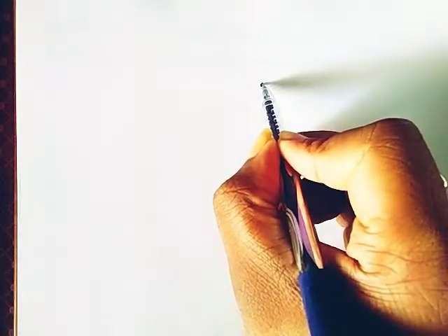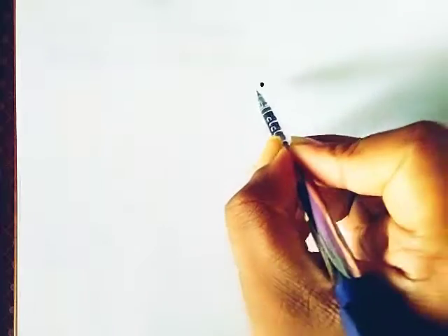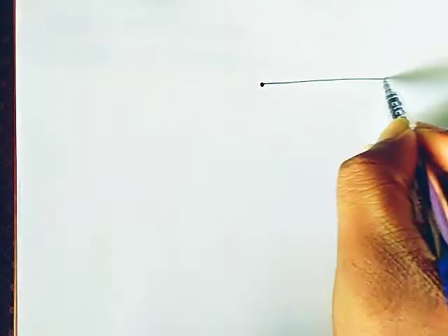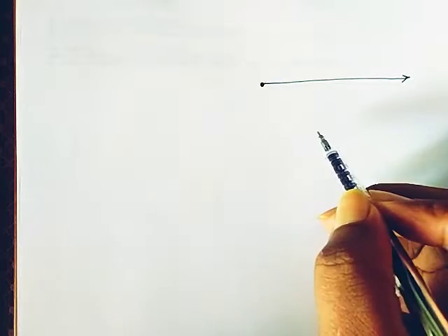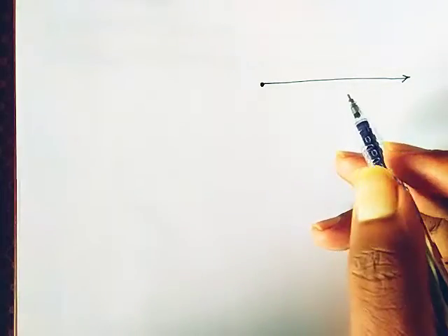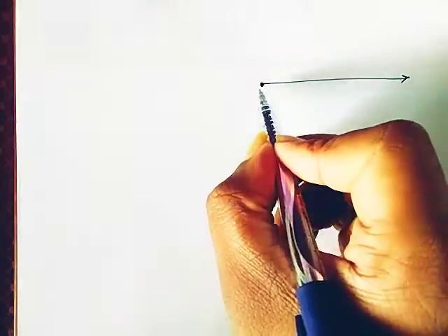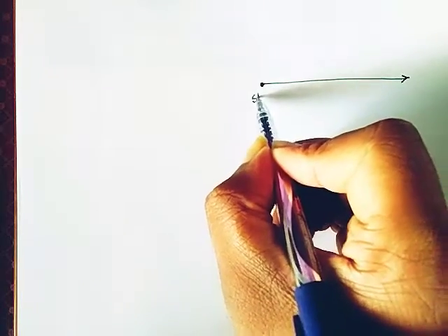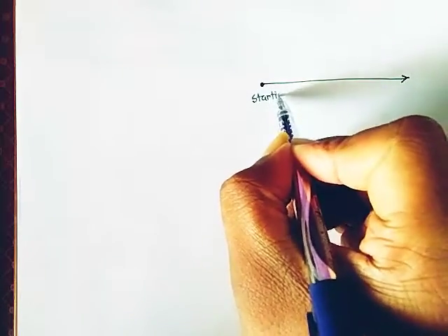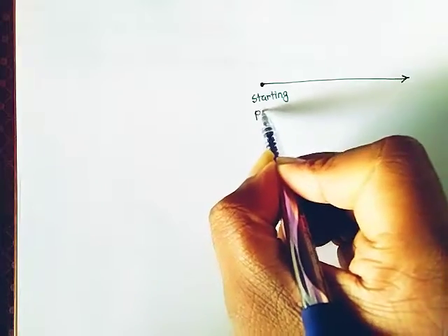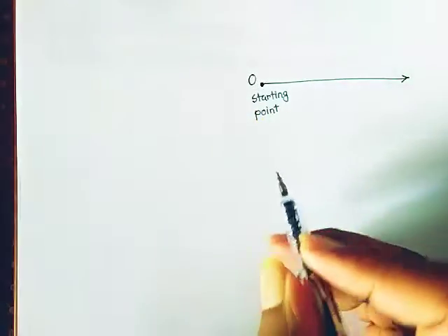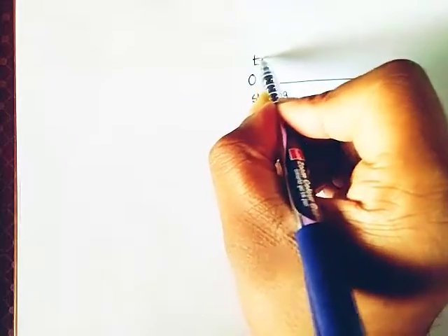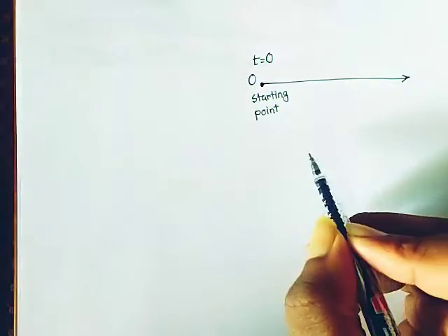Let us consider a particle is starting its motion from here. If it's starting its motion from here and moving in that particular direction, because we are concerned about the motion along a straight line, then we can consider this starting point as the reference point and denote this by O. At t equal to 0, the particle is at this position.